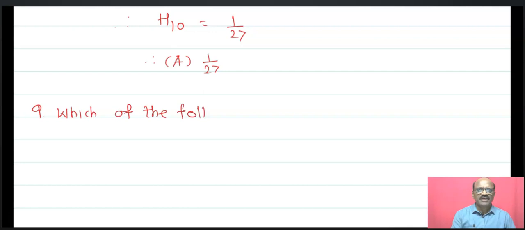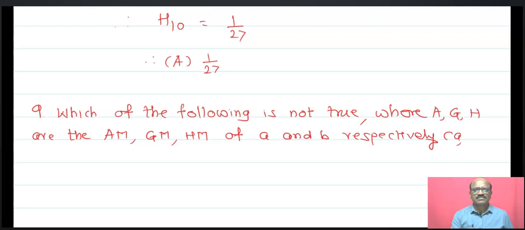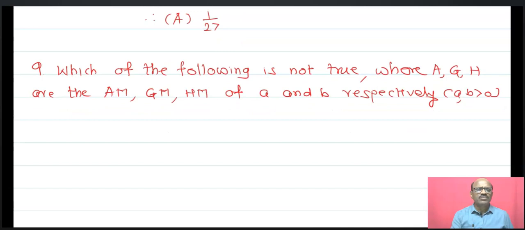Now question number 9. Which of the following is not true? Where A, G, H, A means arithmetic progression, G means geometric, and H means harmonic progressions, are AM, GM, HM of A and B respectively, where A and B both are positive.